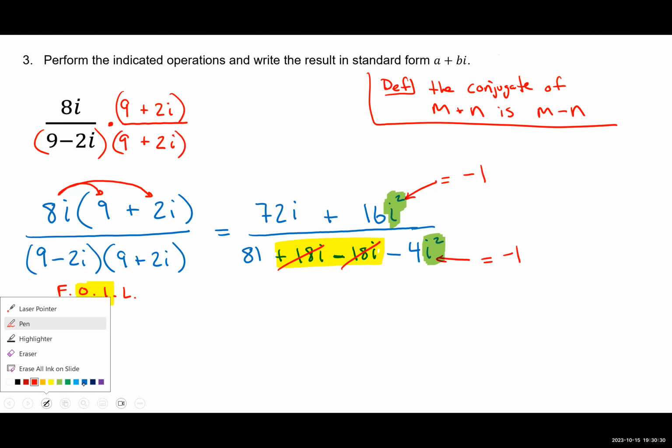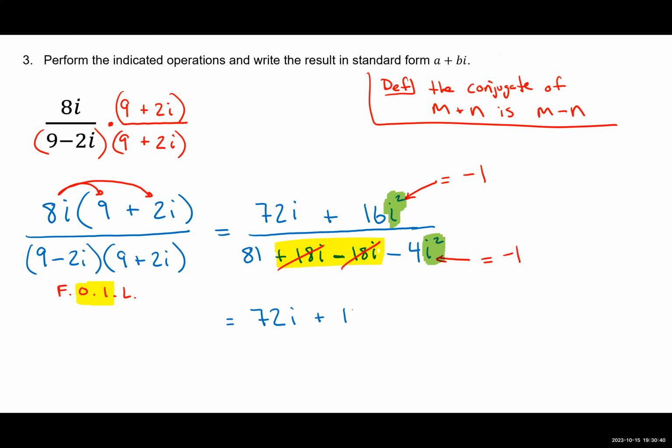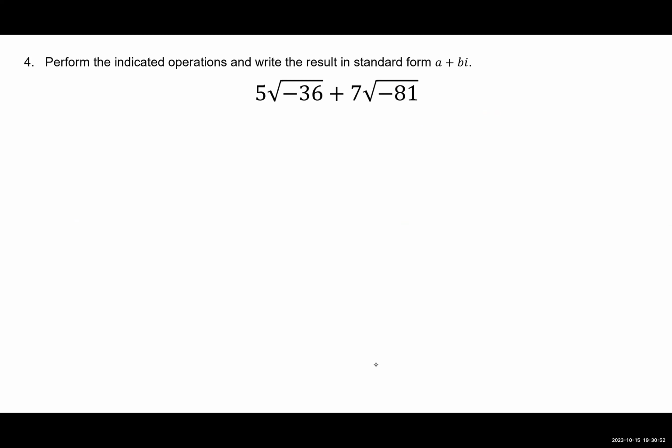So what do we got? On top, we've got 72i plus 16 times -1. On the bottom, we've got 81 minus 4 times -1.